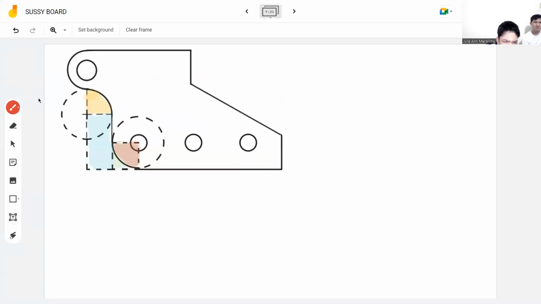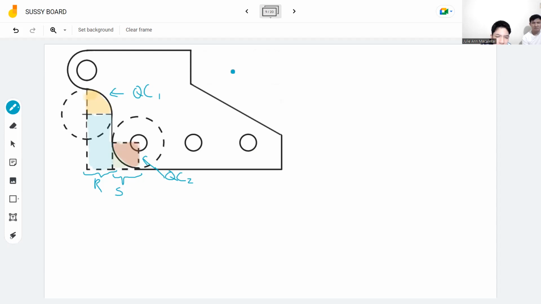Okay, so now this is rather complex. The quarter circle is QC1. This is quarter circle 2. This is square. This is rectangle.